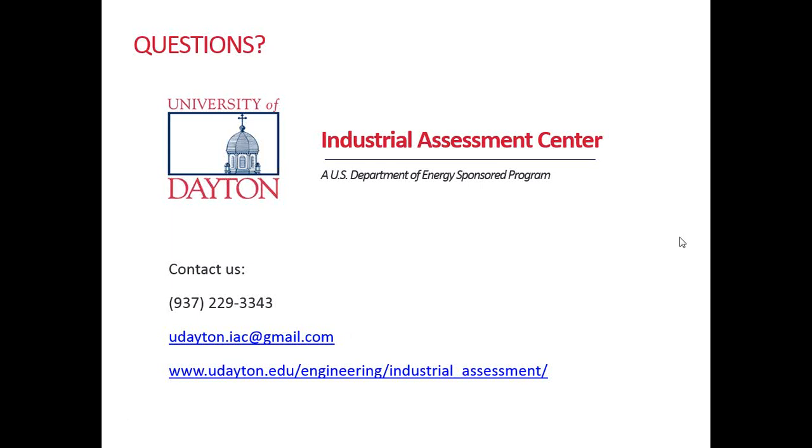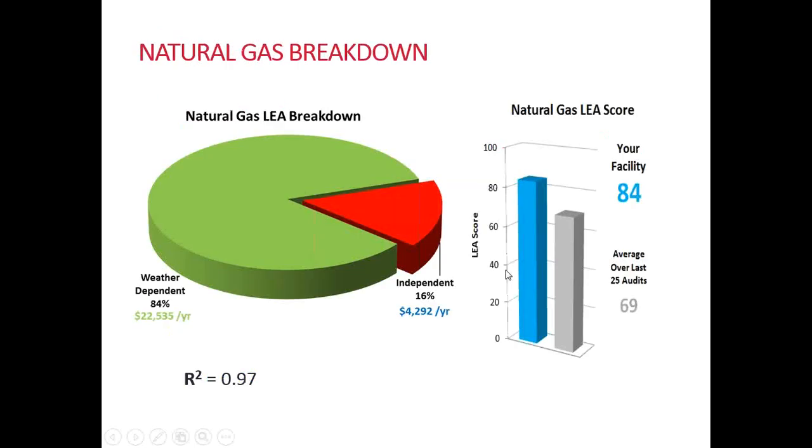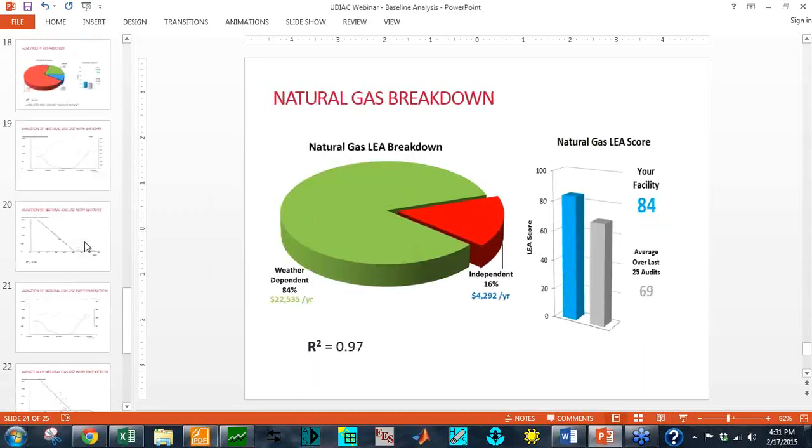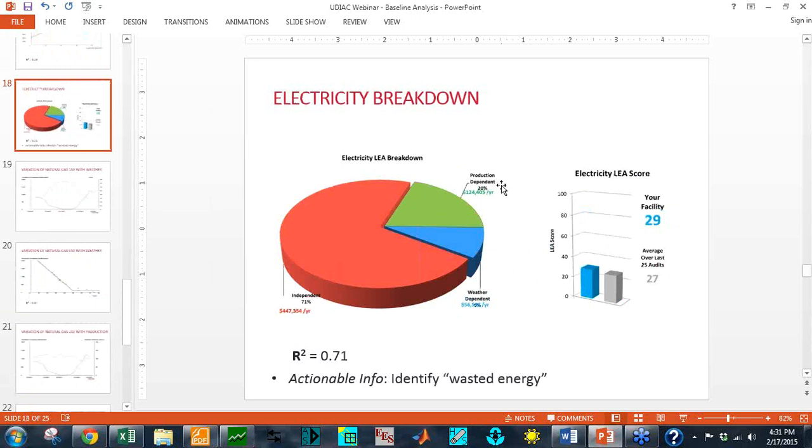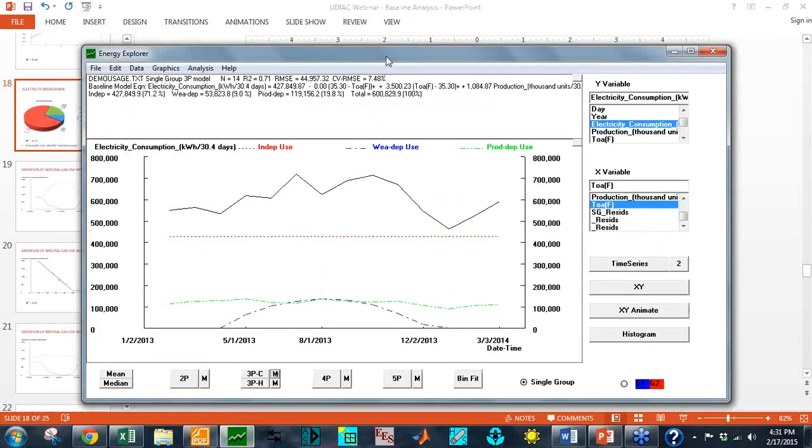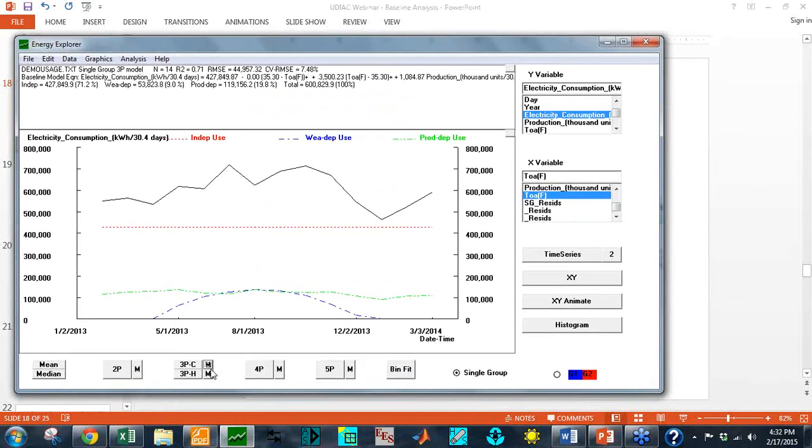But Alex, one question I had in regards to those scores, could you just step back and describe where that score comes from? Sure. I'm going to go to the electricity one, it's a little bit easier to see. This score is just an addition of the 20% and the 9%, weather dependent and production dependent, and that came from our lean energy breakdown, which we did a 3P multivariate regression on the 3 factors that we were looking at: the electricity consumption, the production in 1,000 units per month, and outdoor air temperature.